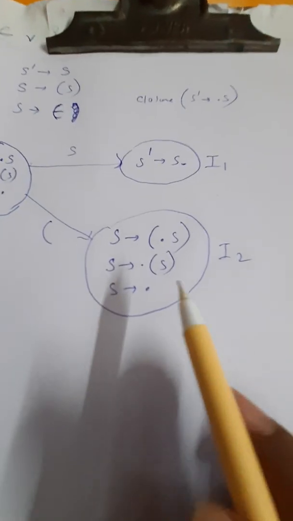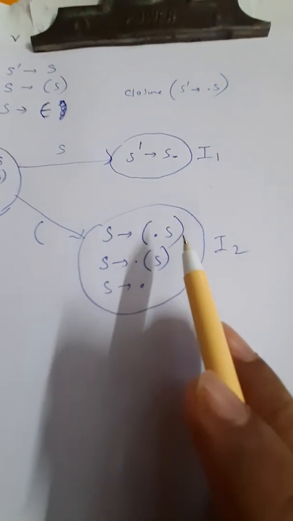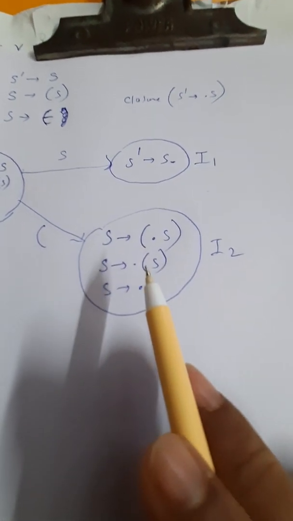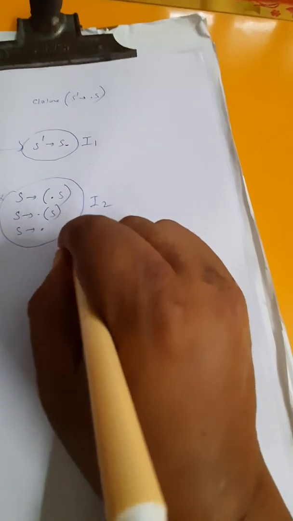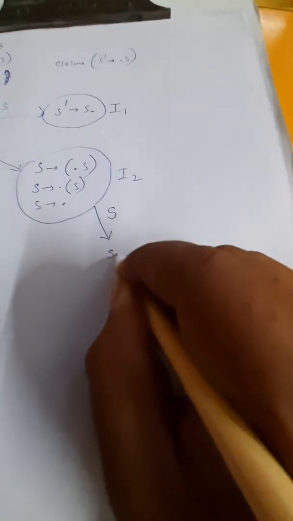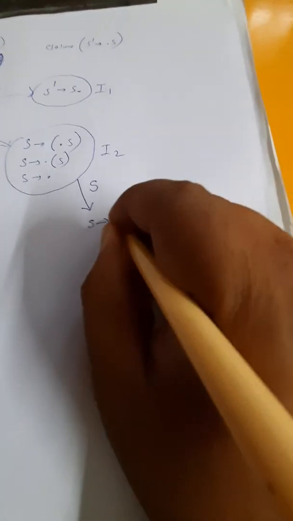Now from I2, who is following dot? One is S and another is open brace. Now with S, what would be there? With S, I am doing the goto. So again one right shift means S would be here.